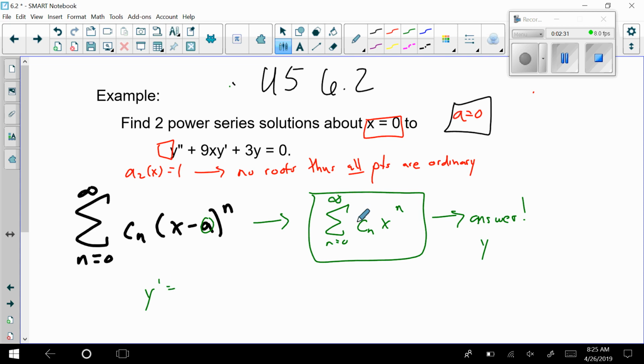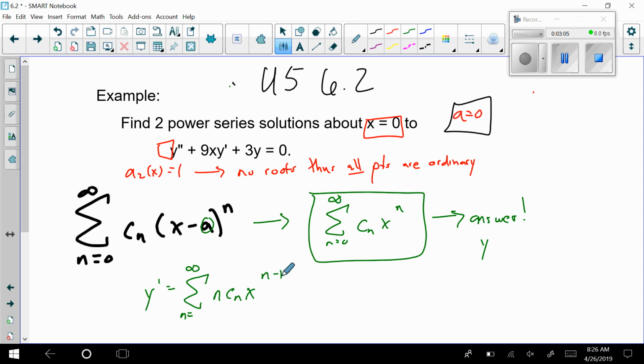So y prime of this thing now, right? Well, I'm taking it with respect to x. How would you do this? Well, if this were a 3, we'd put the 3 out here, then take 3 minus 1 to make a 2. Now it's just an n. So this is the summation as n equals something to infinity; we're going to leave this blank for a second. Now I drop down the n, then that's c sub n x to the n minus 1.